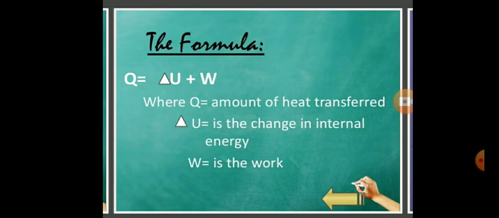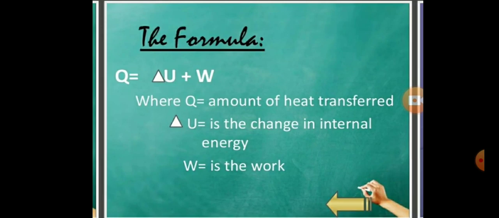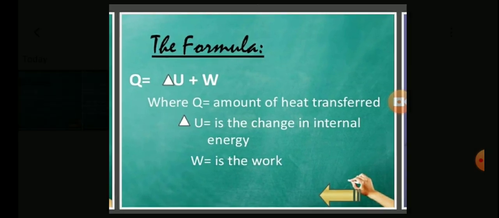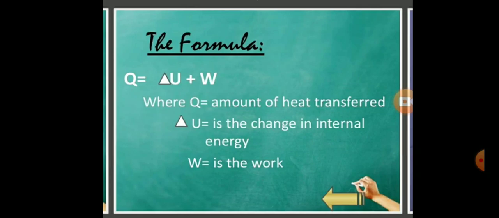Is this clear? So when you use some energy or heat, there will obviously be a loss of energy in the system. So 100% efficiency of transformation from one energy to another energy is not possible.